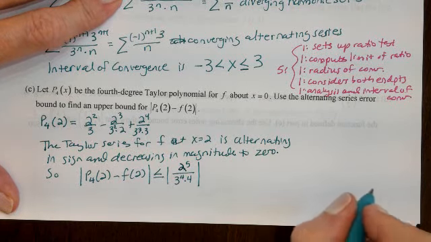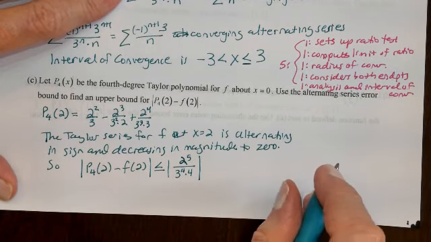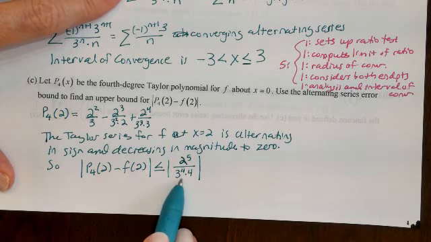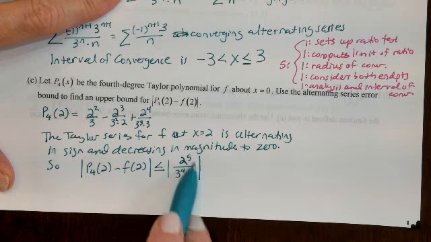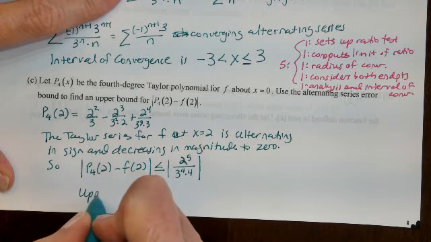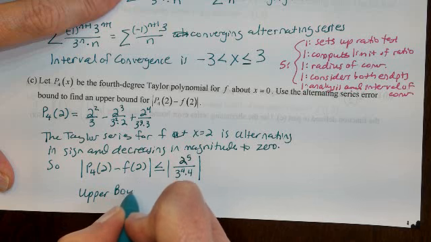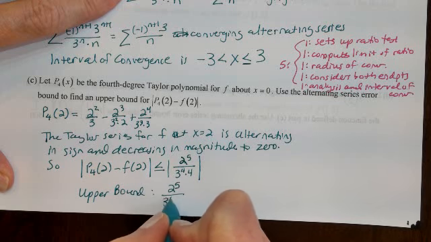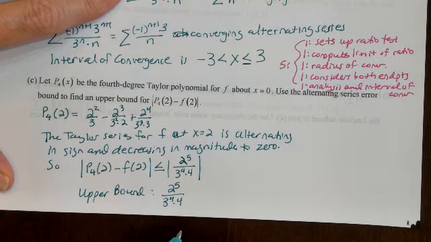The absolute value of that. Okay? So the upper bound is that. If you want to write that, you can. The upper bound is 2 to the 5th over 3 to the 4th times 4. But you don't have to write that because you said it right there.